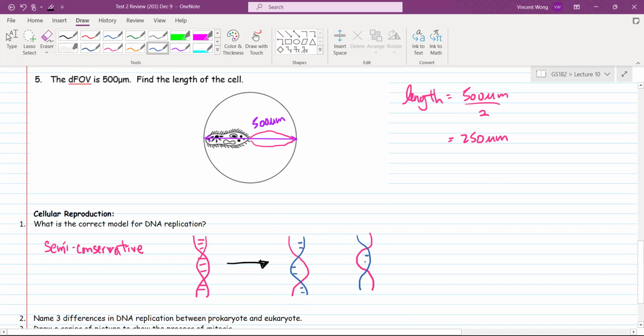All right. So this is semi-conservative. You do not need to know the experiments for figuring this out. Okay, you just have to know the correct model and what it means.